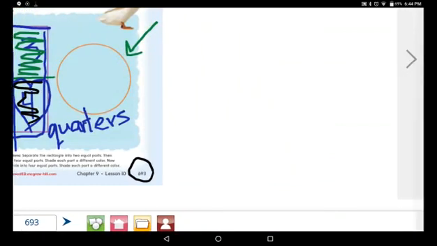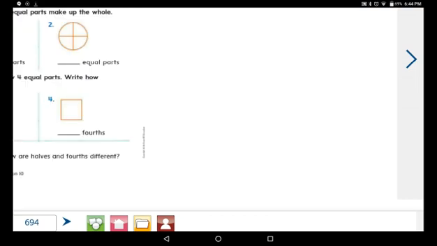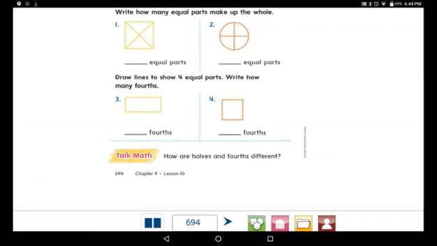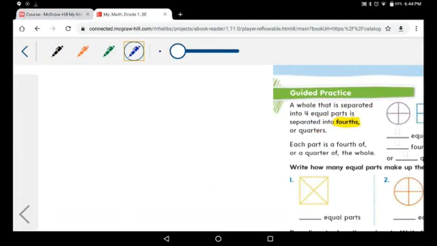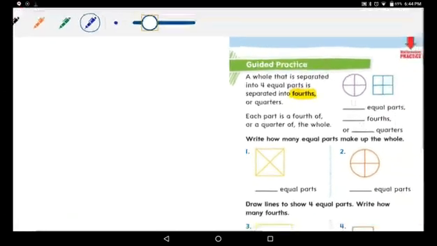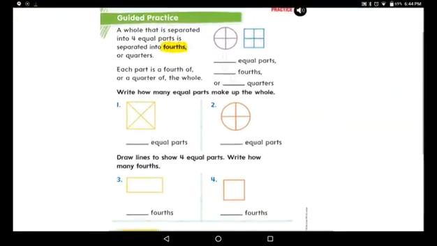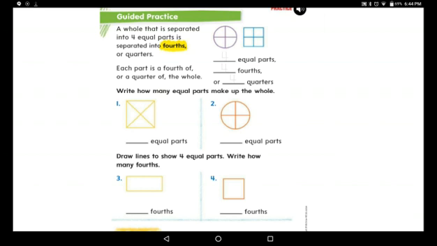Now when you're done, go to page 694. Okay, this is the page. It's 694. Now, I want you to hold your pencil again and let's read this page together. Again, a whole that is separated into 4 equal parts is separated into fourths.